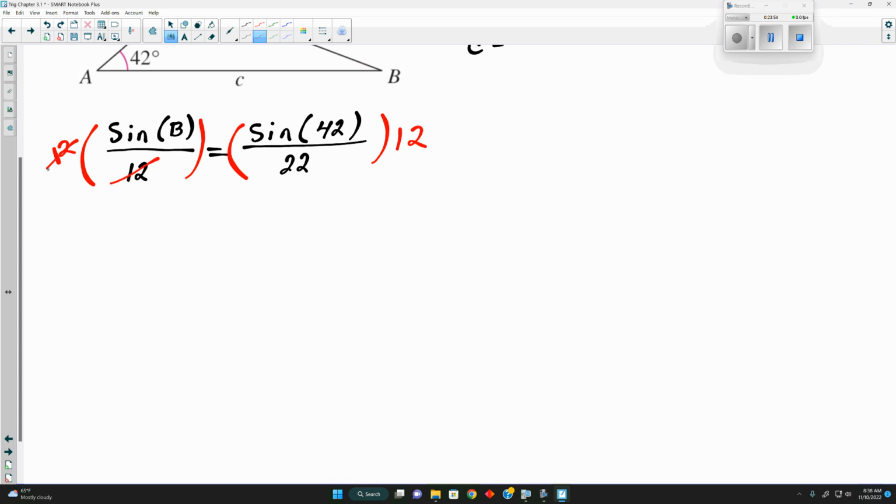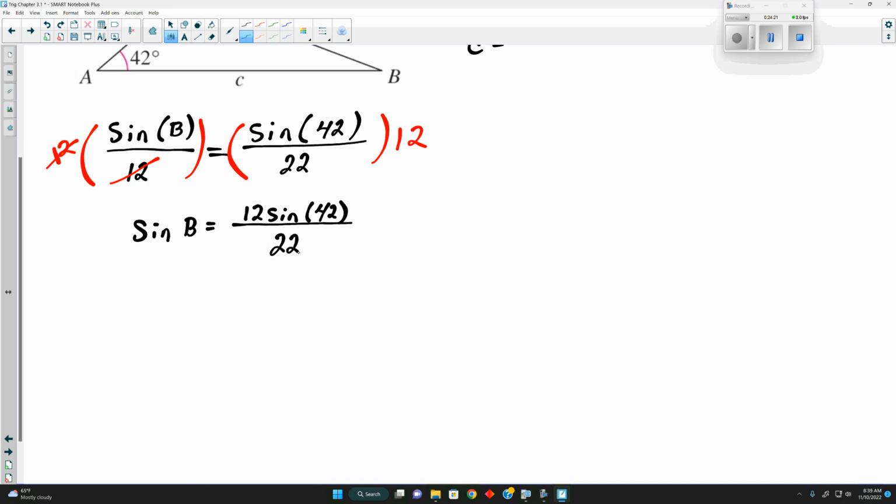These here will cancel, telling us that sine of B is equal to 12 sine of 42 over 22. And 12 and 22 do have common factors they could simplify, but we're going to leave that for later.